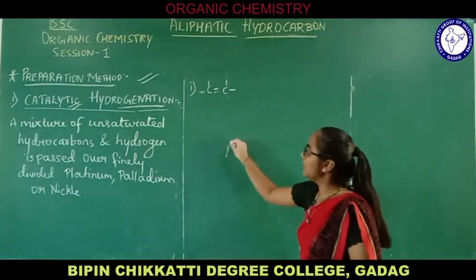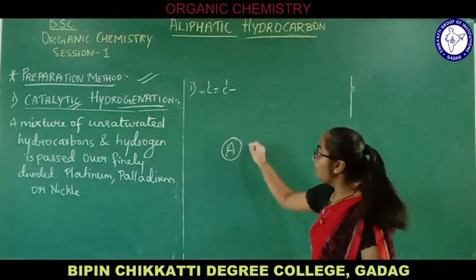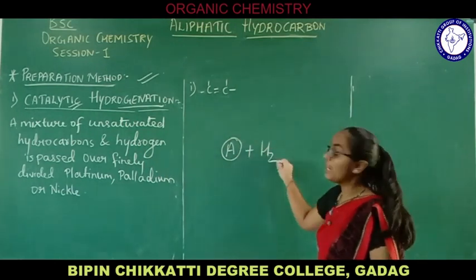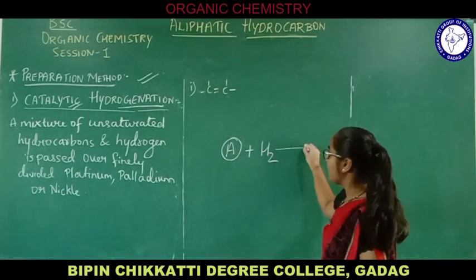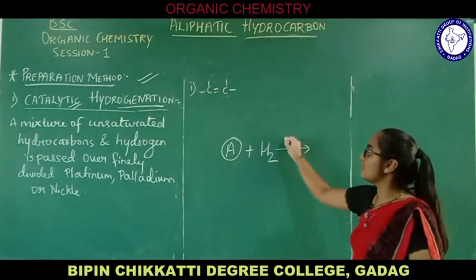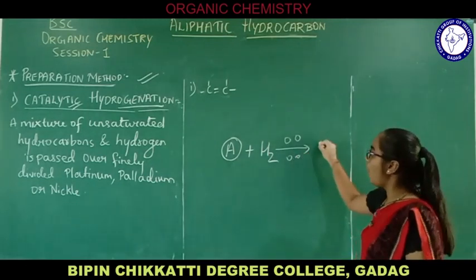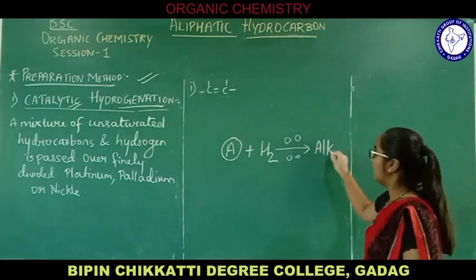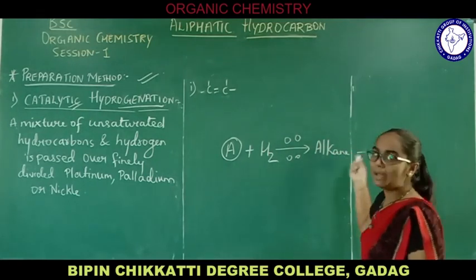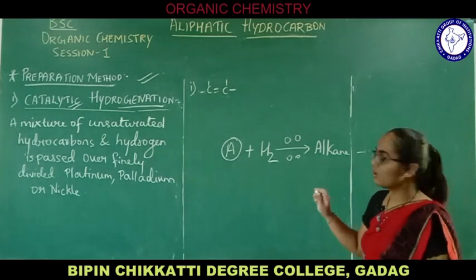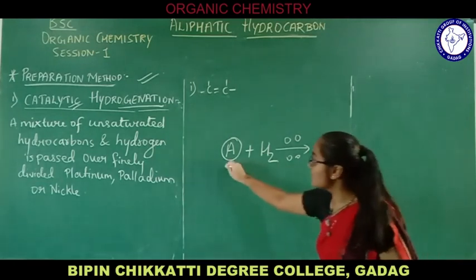Now if A is any reactant, B will for sure be hydrogen gas, and this reaction will take place in presence of a certain catalyst to form a main product called alkane along with a certain byproduct. If a byproduct is formed, okay, if not, it's also okay. Okay, so this is the reaction.